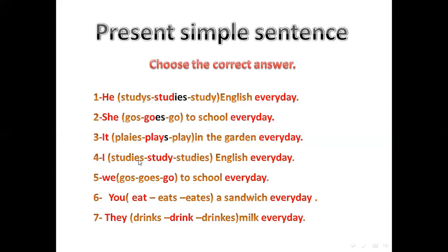I want to say I studies or study or studied, but I made a mistake here. Sorry. We goes or we go, or we goes with es, or we go to school every day. Which one is correct? You eat or eats with es. They drink or drinks, or drinkies with es, milk every day. We see the correct answers now.